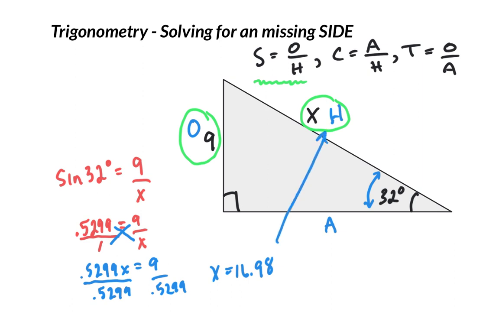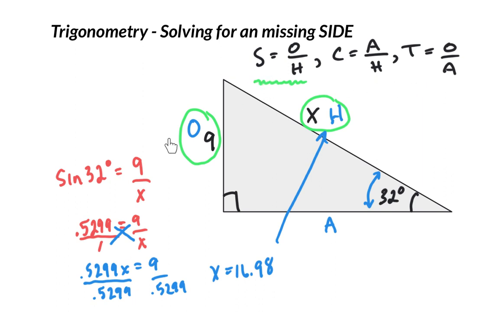So again, just to recap, every single time you should label the three sides. Hypotenuse goes first, it's the longest side. The adjacent is the other side that touches the angle. The opposite is what's left over. If you're solving for a side, one of those sides should be given, and the other side should be the one you're looking for. Choose which of the trig functions deals with the side you have and the side you want.